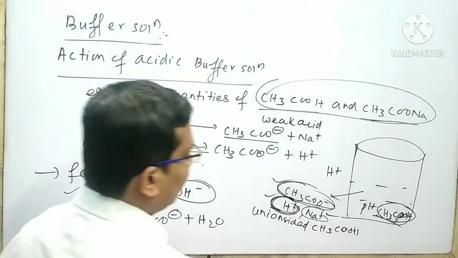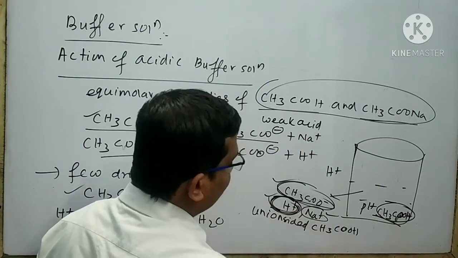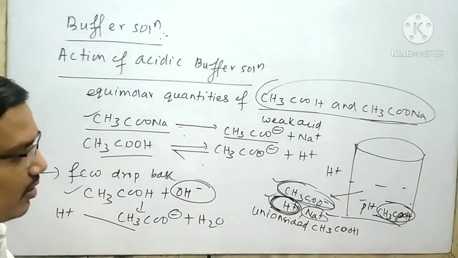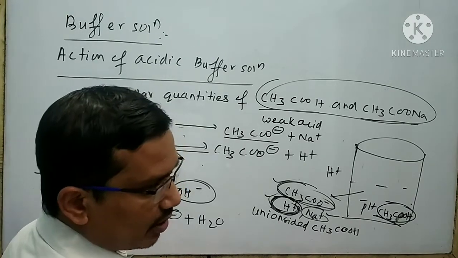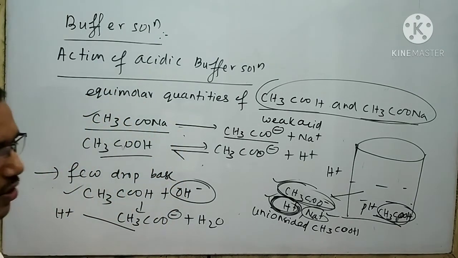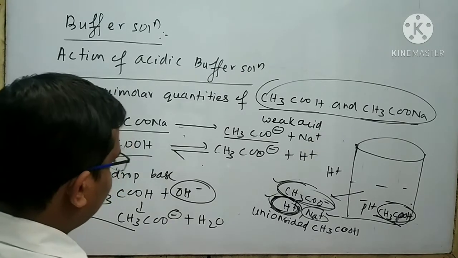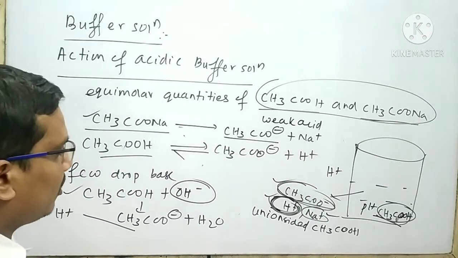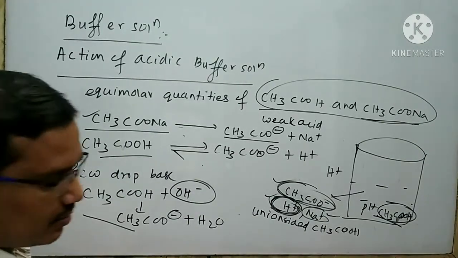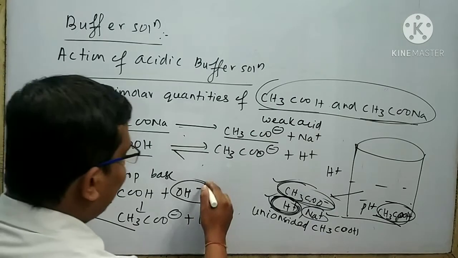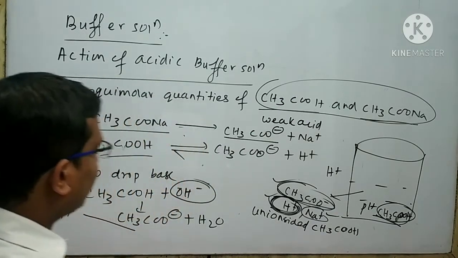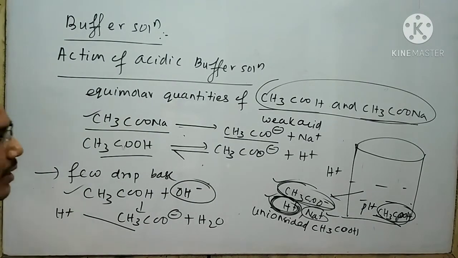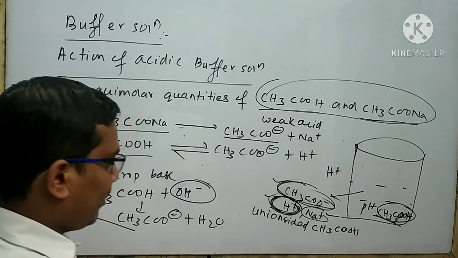Remember, in this buffer solution, the H plus ion affects the pH of the solution, or you can also think that the OH minus ion affects the pH value of the buffer solution. Accordingly, we think about the pH value of the buffer solution based upon the pOH value. If the added OH minus ion remained in the buffer solution without reacting, then it could affect the pH value.